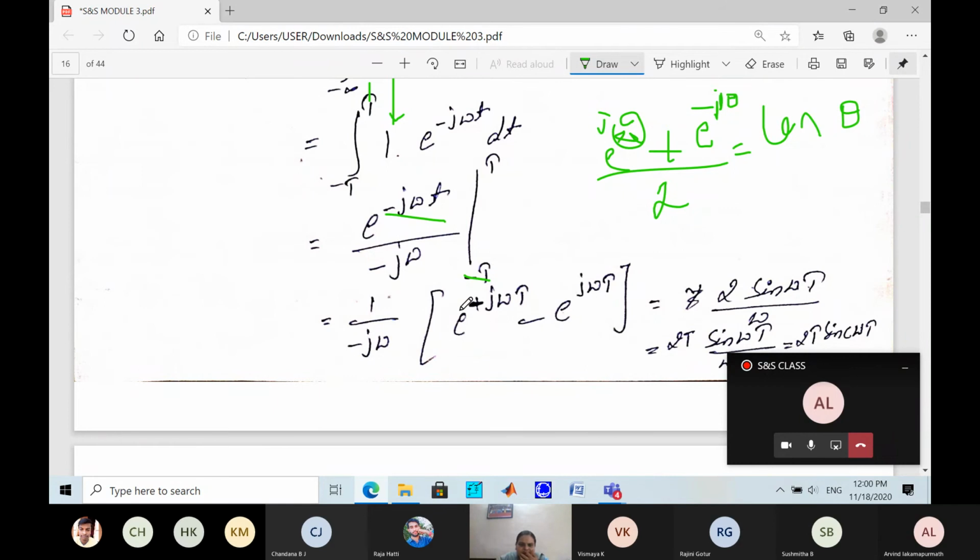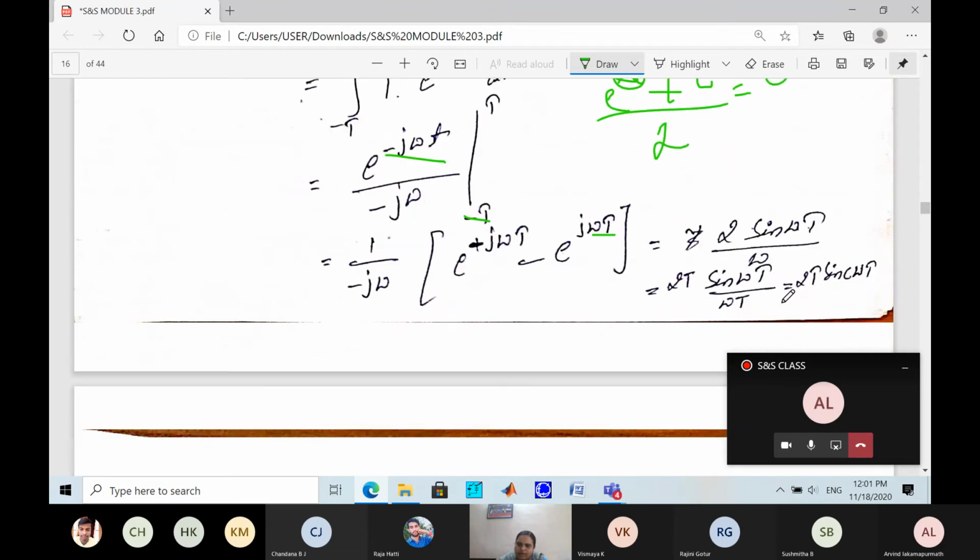Here e raised to j omega T minus e raised to minus j omega T, divided by 2j, is sine theta, right? Based on that, here you will be getting 2 into sine omega T divided by omega.